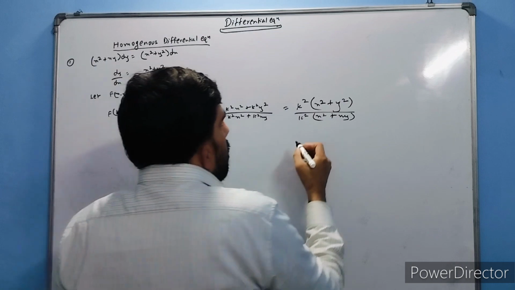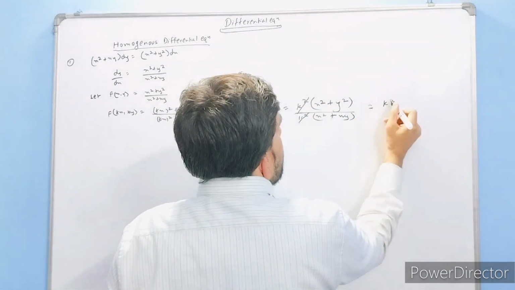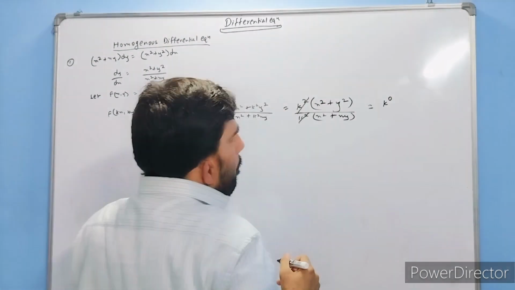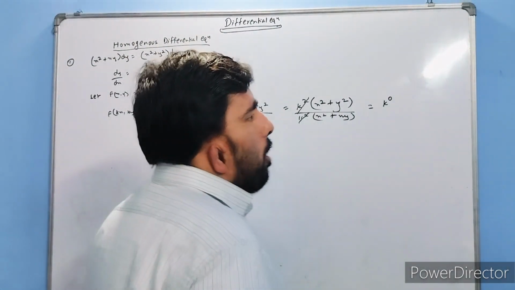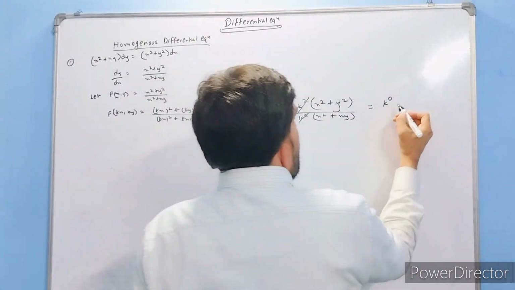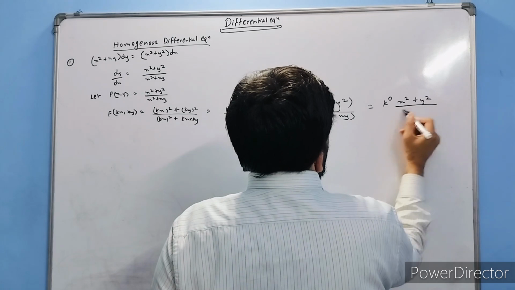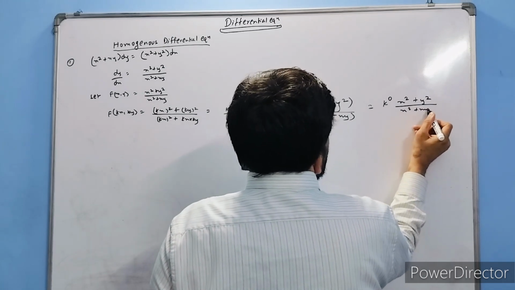So I can write this as k to the power 0, because any number having the power 0 means 1. So now I have x square plus y square upon x square plus xy.